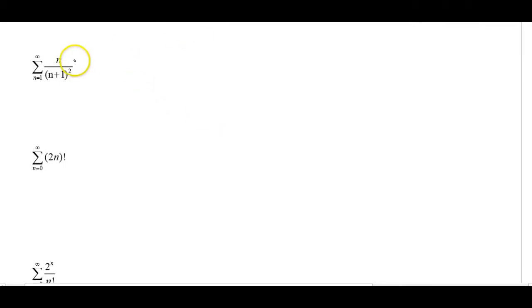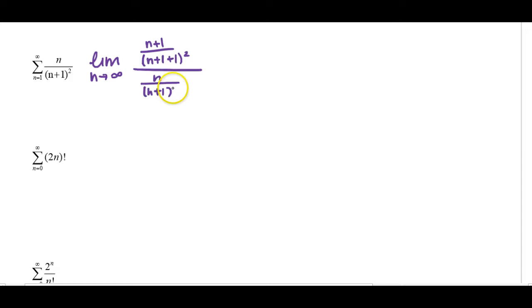Alright, in this next example, I'm going to go ahead and set up my limit. The limit as n approaches infinity, and everywhere there's an n, I'm going to put an n plus 1. So the top is going to be n plus 1, and the bottom is going to be n plus 1 squared, over n over n squared.